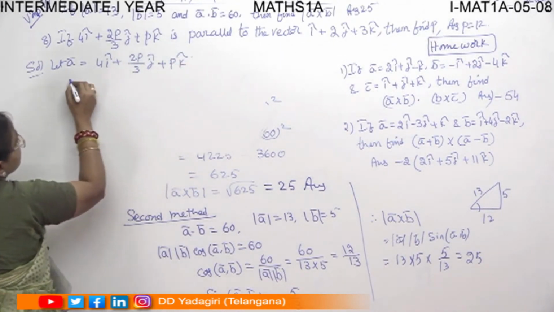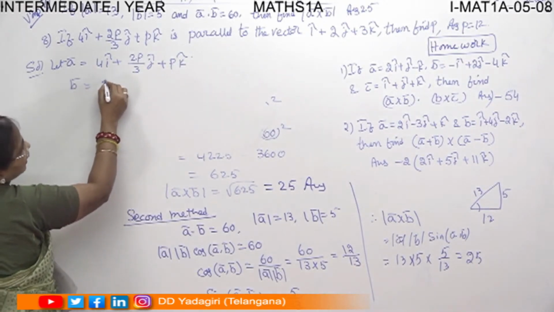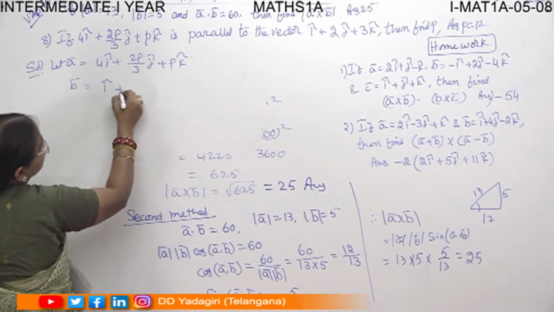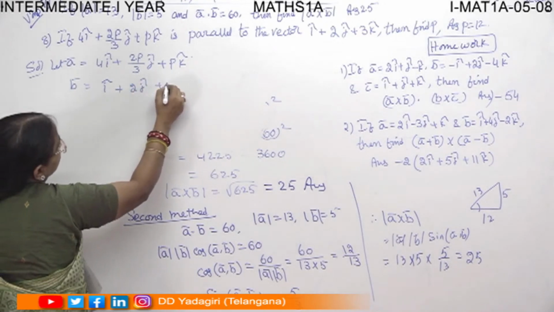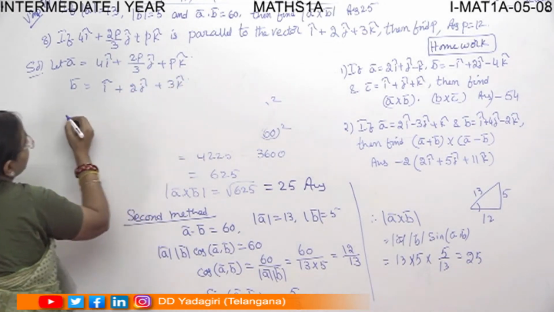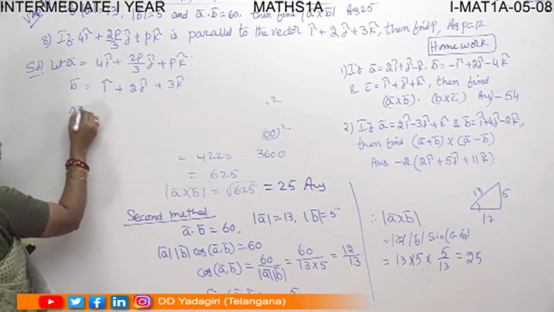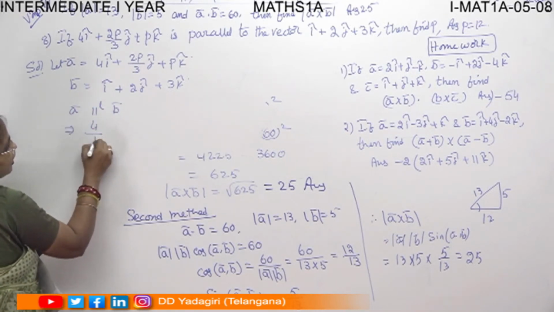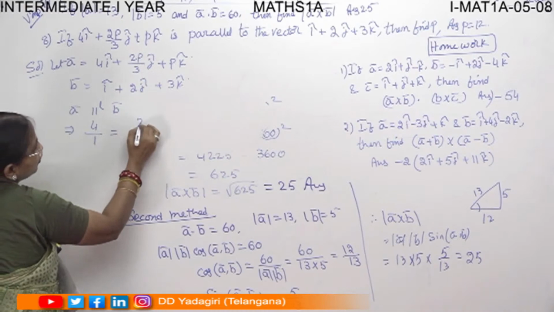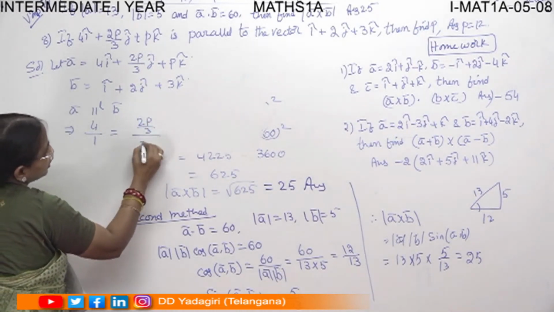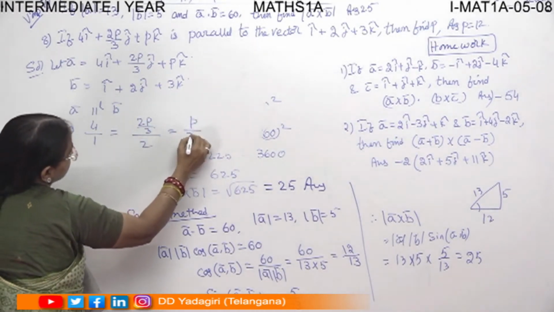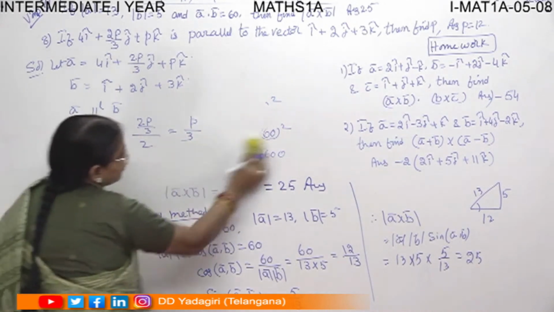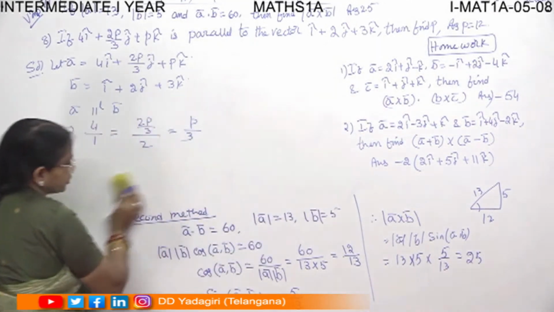And suppose the second vector B is i plus 2j plus 3k. Now when they are parallel, we know that A is parallel to B, which implies 4 by 1 is equal to 2p by 3 by 2 is equal to p by 3. So according to the first chapter method, this is the procedure.